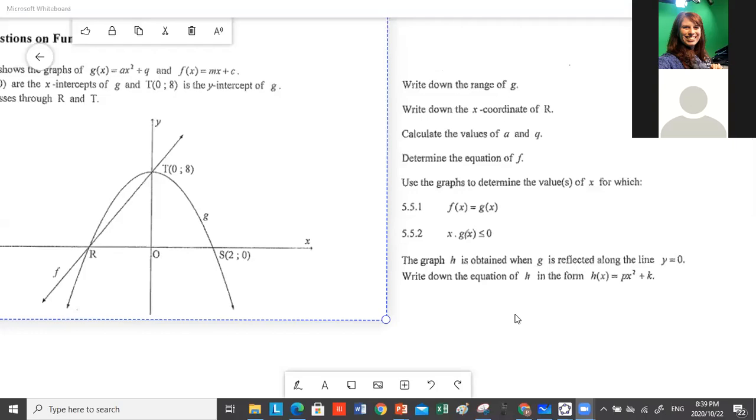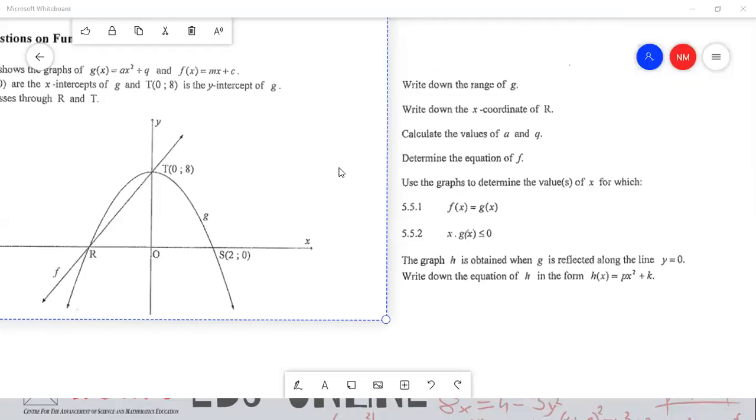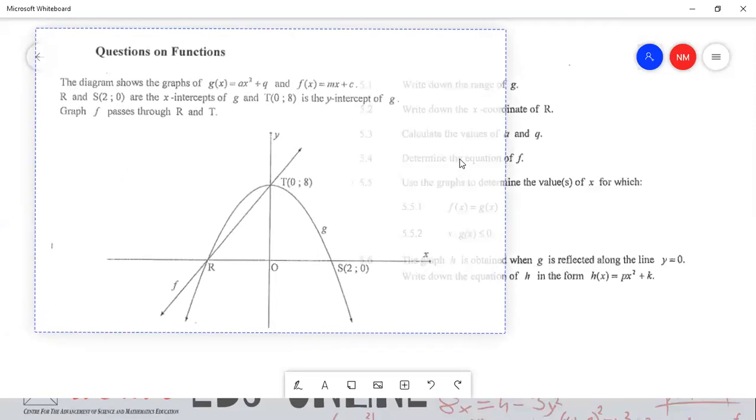Just click on the screen if you want to share, and then say share. Oh, yes. Should come up here. Okay, and let me share with you. Share. Okay, can you see now my screen? Yes.